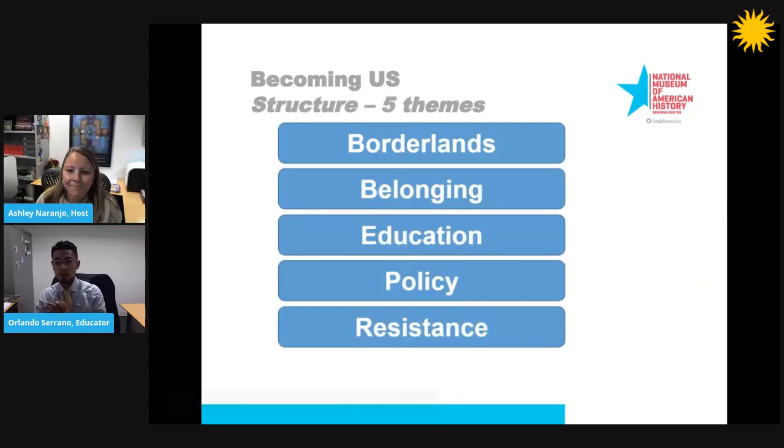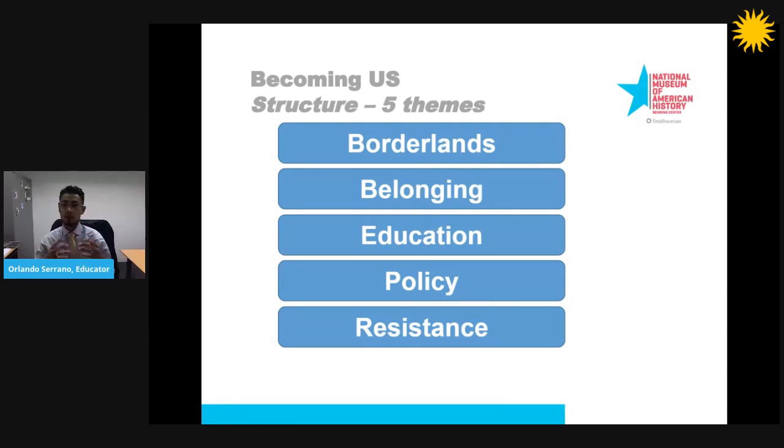So here is the way that the resources are structured. Building off those 4 themes from Many Voices, One Nation, we came up with 5 big buckets that they all fall into.